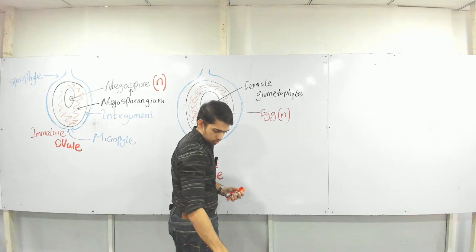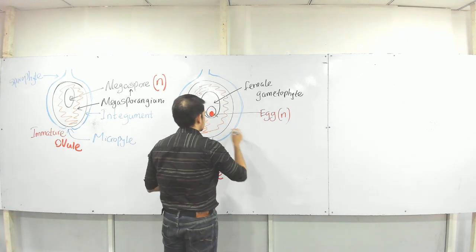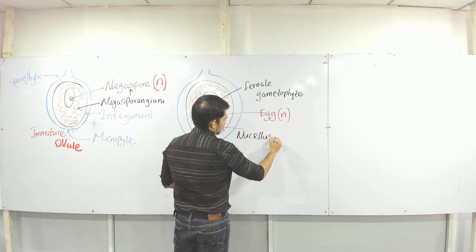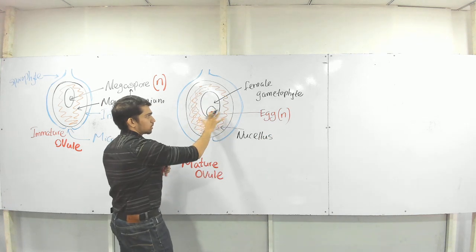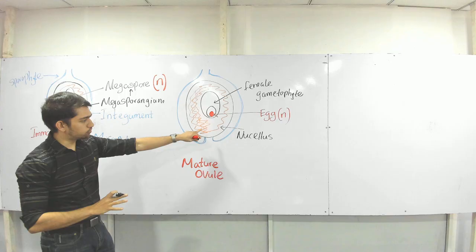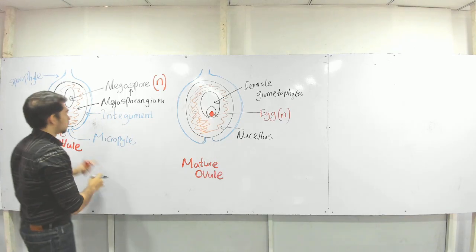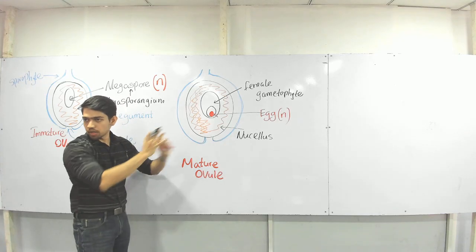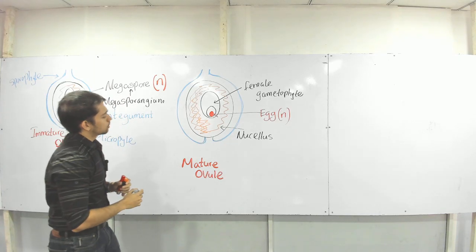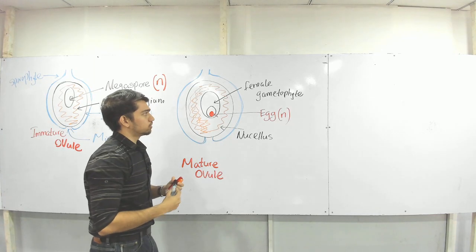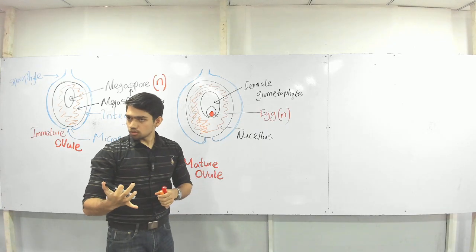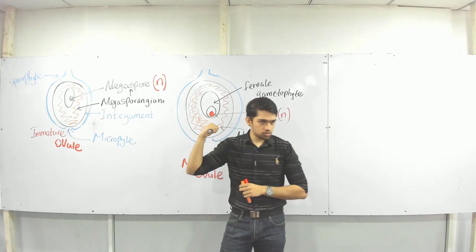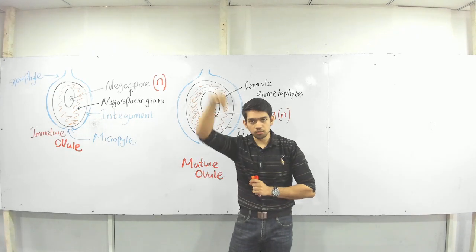I'll draw it, label it in black. It's going to become a food source. For who? For the female gametophyte. So the food source, nucellus, came from what? Megasporangium. So this is the mature ovule, ready to be fertilized. Okay, clear. We'll see what's going to happen to this ovule when a sperm comes.